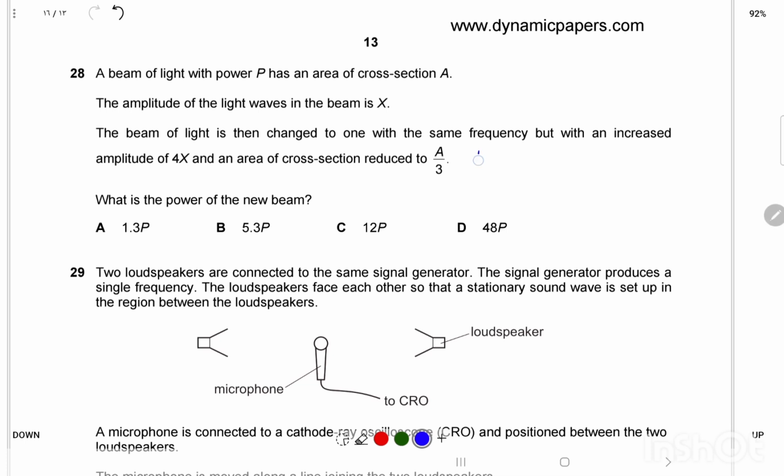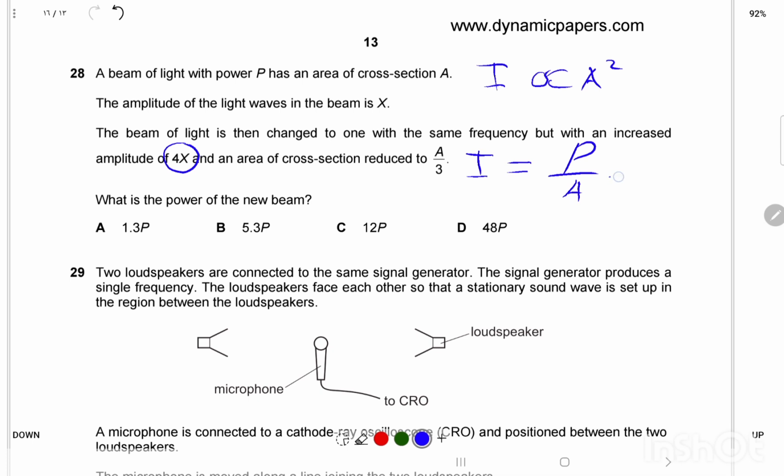So here we know that intensity is equal to power divided by area, and we know that intensity is directly proportional to the amplitude square. So if the amplitude has increased to 4x, it means intensity will increase by 16 times.